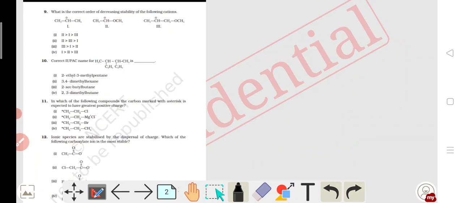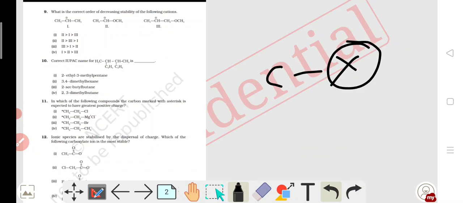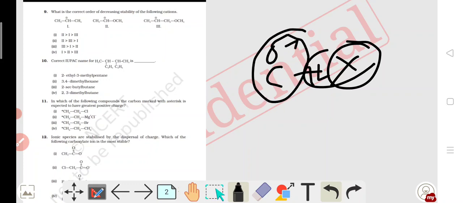As we know, through the inductive effect, if there is any electronegative atom, it draws the bond pair electrons towards itself and forms a carbocation center or positive charge center. Here in the options there are electronegative atoms chlorine, MgCl, Br and a methyl group. The methyl group is a plus I effect group or donating group. Such an option is eliminated. Then comes the other three.